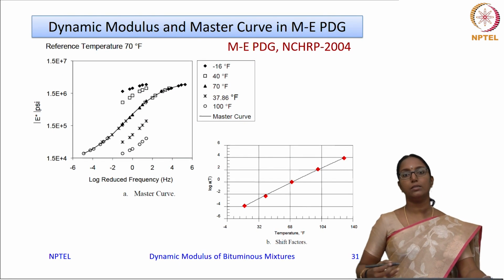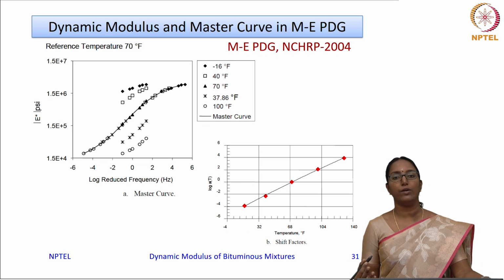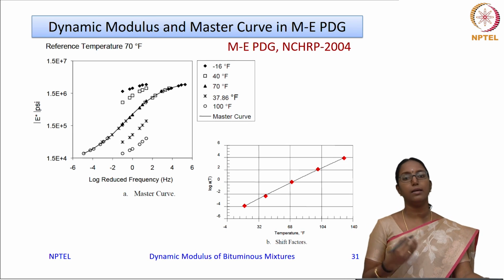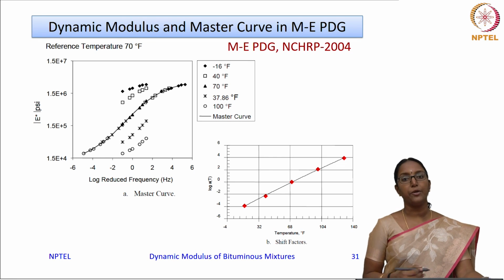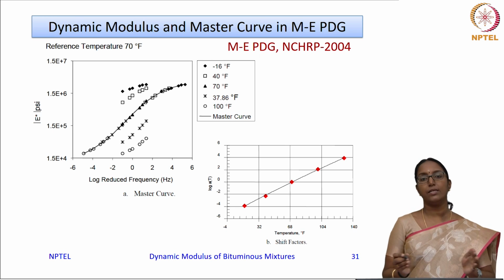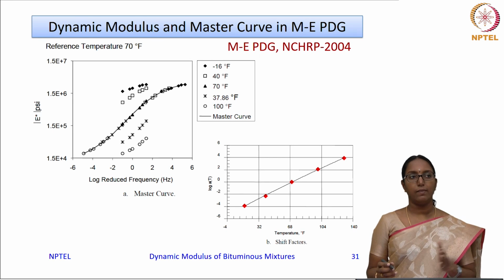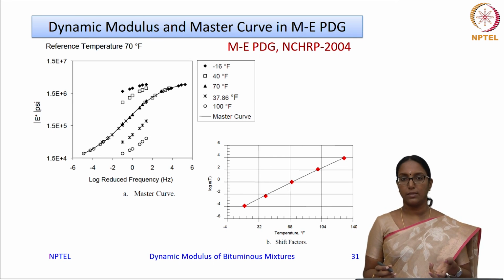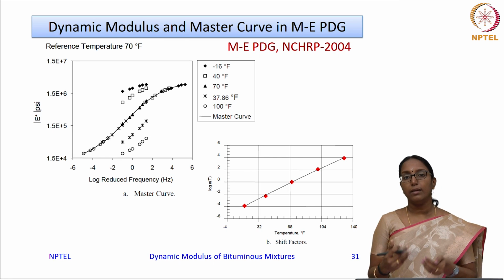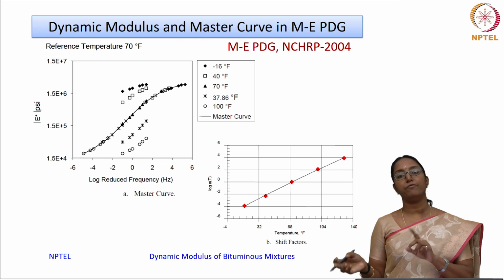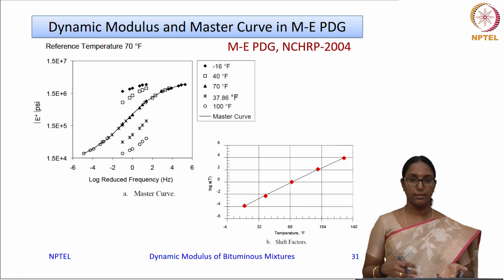So, how does one use this dynamic modulus and phase lag data in the mechanistic empirical method of analysis? As I said, you can do this test at various temperatures. Say in the example that I have shown, we have done it for 6 different temperatures and at different frequencies. But in the analysis, one may encounter other load frequencies as well as other temperatures.